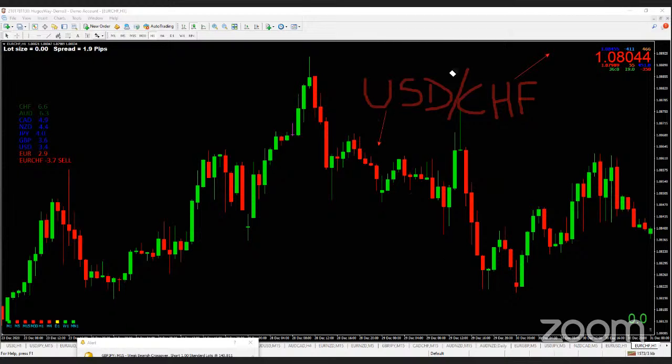When it comes to having a pair like this, as in USD CHF, the strength of the base unit is what determines which direction the market is going to be going. So if the base unit, or base currency, is weak, the pair will be going down. If the base currency is strong, it will be going up. Now, as we have it here, because USD is the weaker one, it's going to be going down.